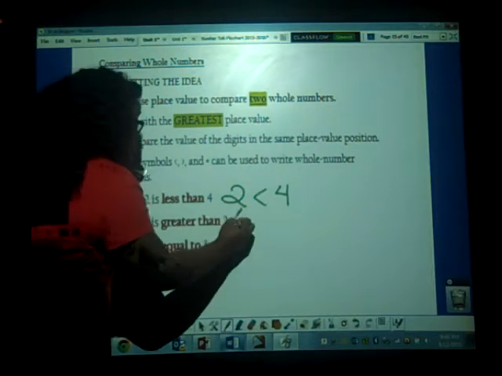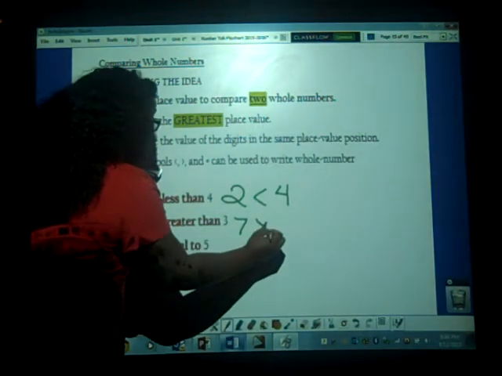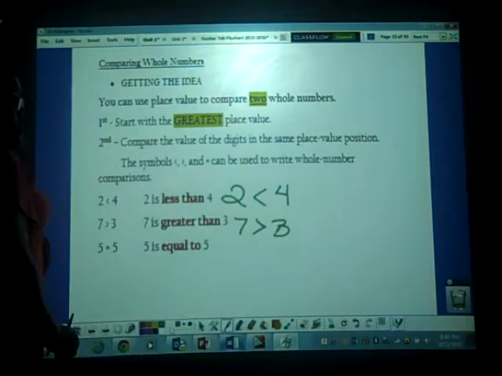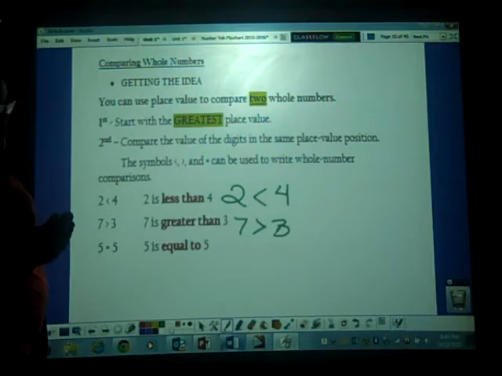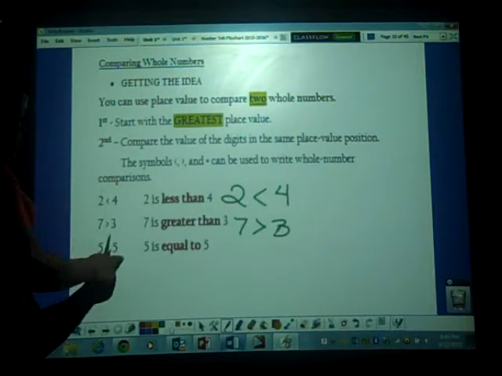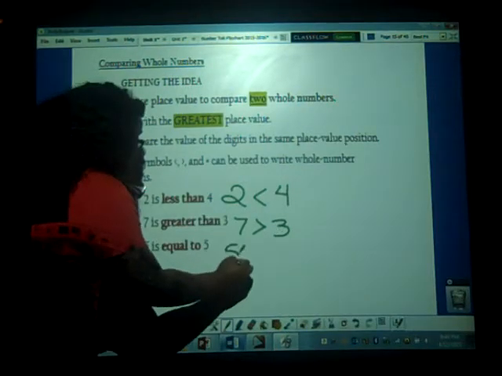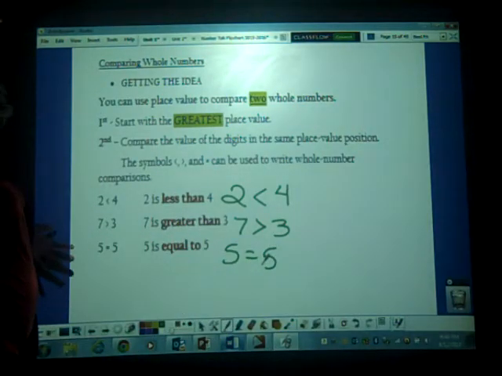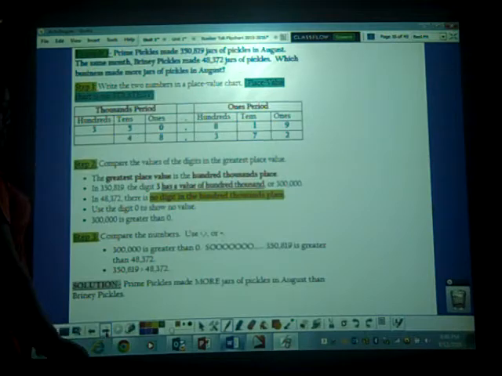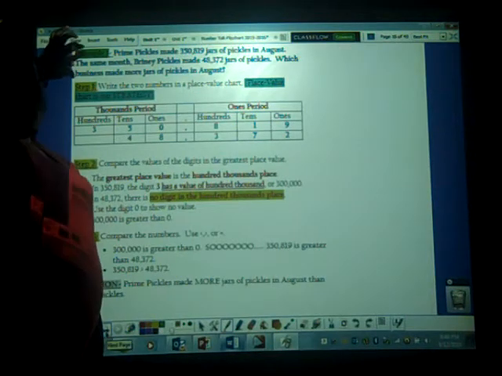Well, that's right, because 7 is a larger number, and we're going to eat that larger number because the alligator is just hungry and he likes to eat the bigger numbers. And then 5 is equal to 5. Of course, because 5 and 5 have the same value.